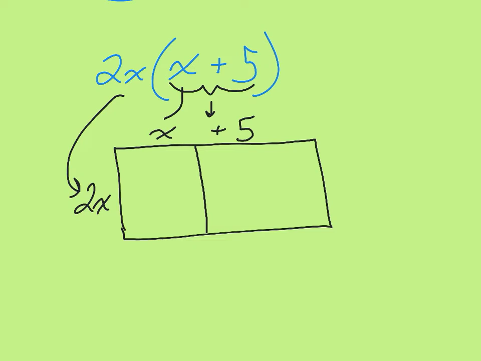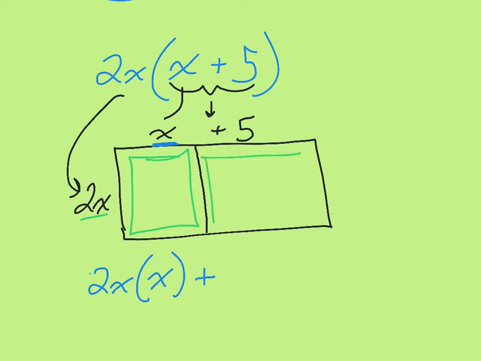Now, if I want to find the area of this rectangle right here, I'm going to take 2x, I'll rewrite it down here, I'm going to take 2x times x. And then I'm also going to need this rectangle over here, which is 2x times positive 5.